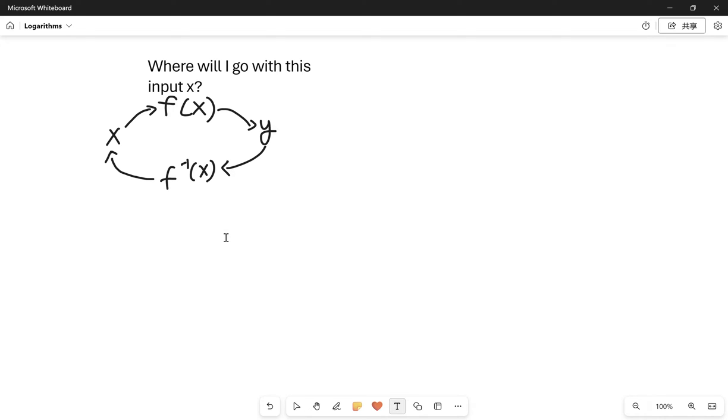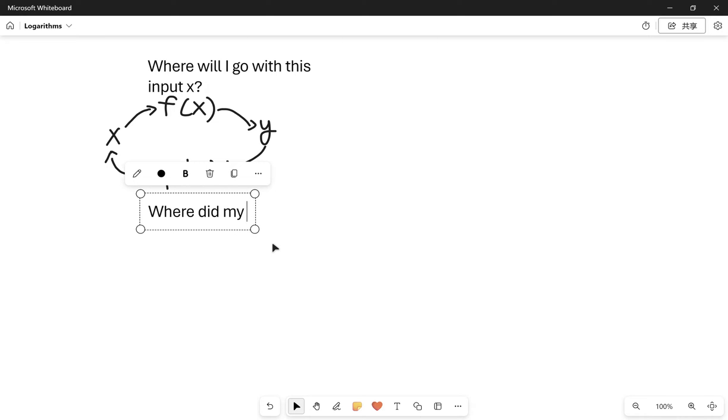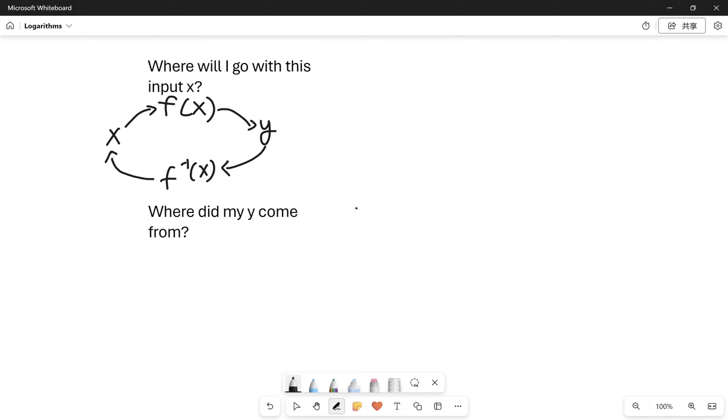What's my output? Now, the inverse function of x is going to ask, where did my y come from, right? Which x did my y come from? So these two are actually completely opposites, as you can see. This is asking, where did my y come from? And this is asking, where will I go with this x?